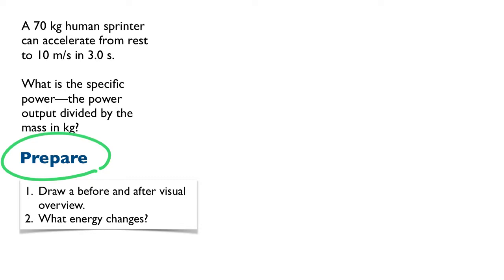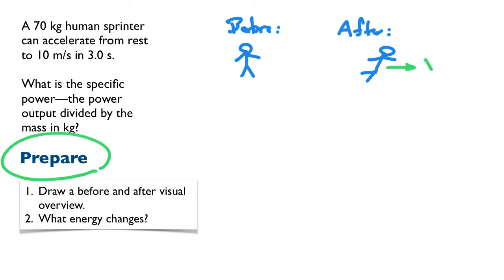Now, next up, let's prepare, and let's do a before and after visual overview. So here's what the before and after visual overview looks like. Okay, for my before, I have a runner at rest. And my after, I have a runner moving at speed. So I have a runner kind of like moving along here and moving at a certain speed v. Okay, that's my after picture.